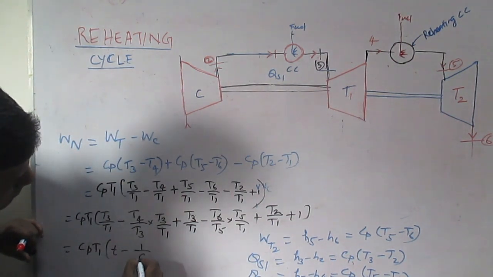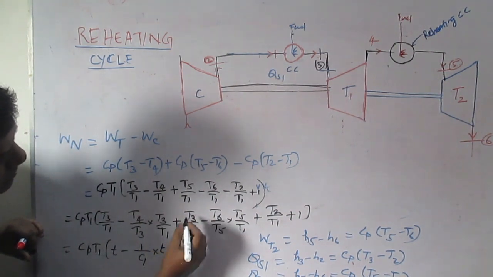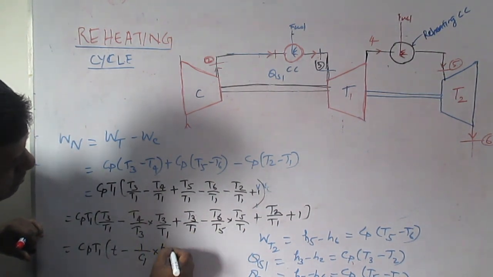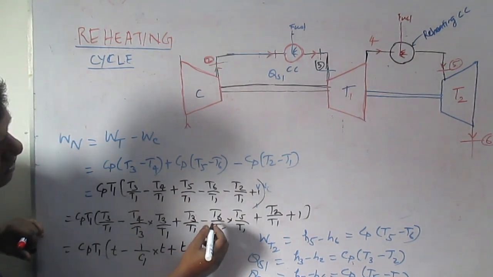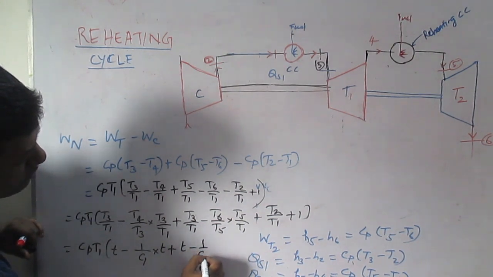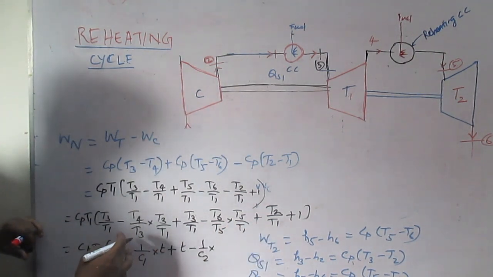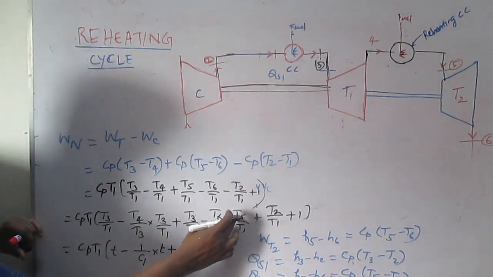So 1 by C1 into T3 by T1, plus T3 by T1 minus T6 by T5, this is also 1 by C2 into T5 by T1. So this is for the perfect reheating.